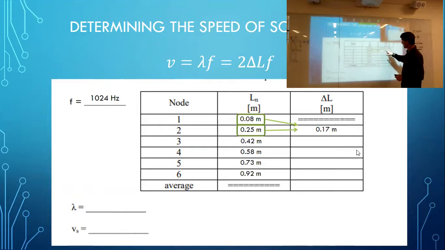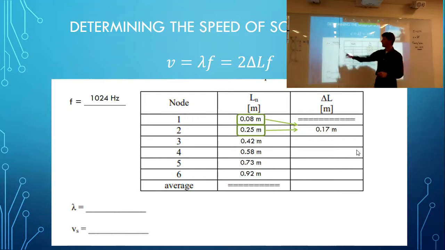So again, this delta L represents half the wavelength. Right? So if I multiply this by 2, I would get 0.34 for a wavelength. 0.34 times 1024. What does that correspond to in terms of a speed?